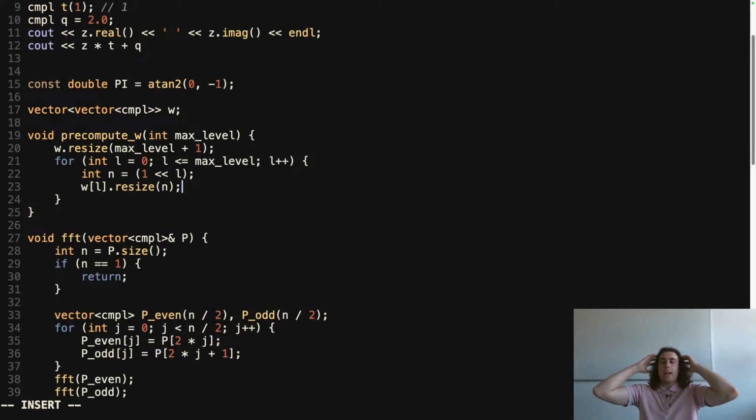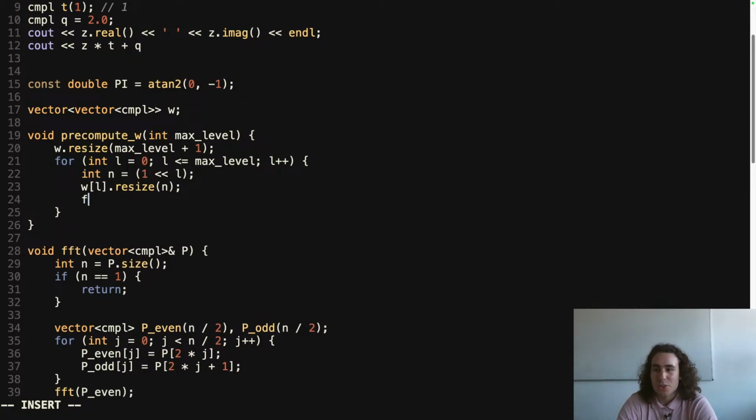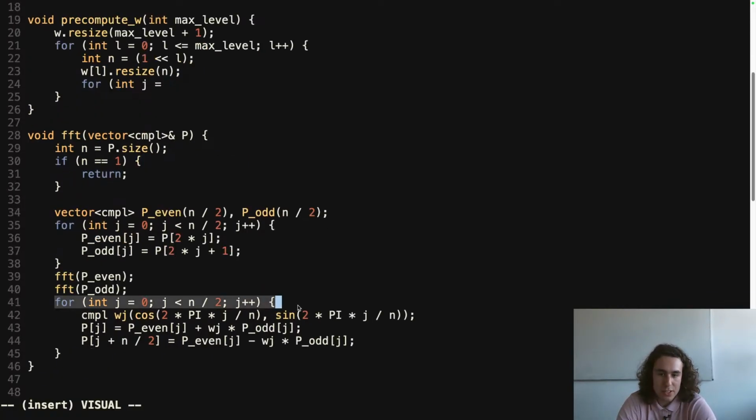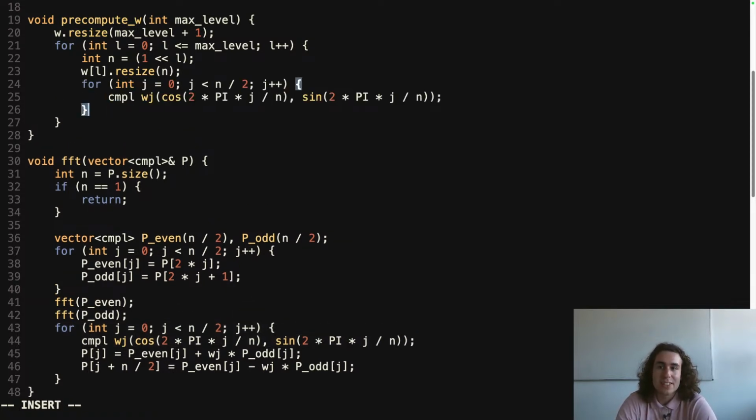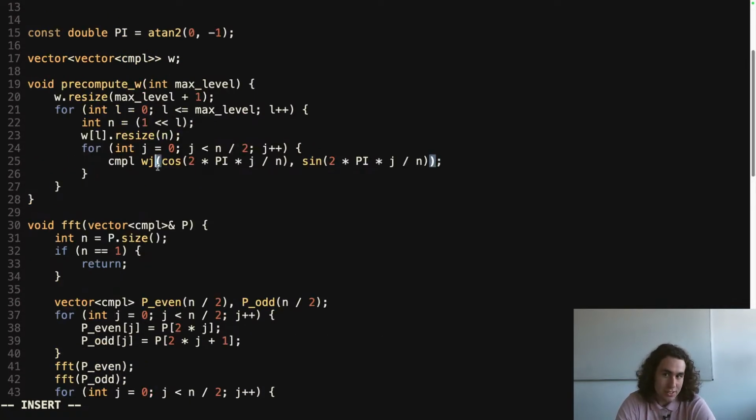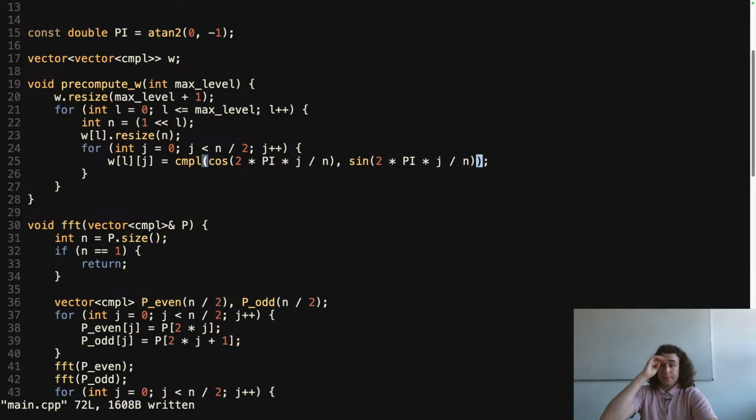So we need to have n roots of unity of order n. So we go through all values of j. We basically do the same thing as we do here. Let's copy it actually, but we just save them instead of calculating them over and over again. So w[l][j] is this complex number. Great. So for all levels, we have, okay, but here we have n roots.